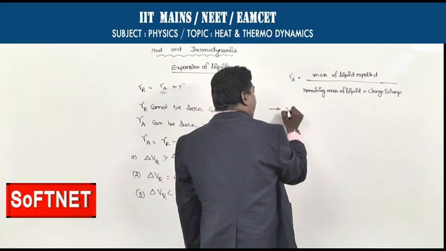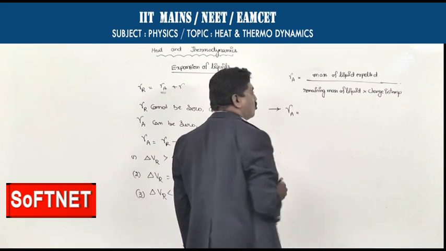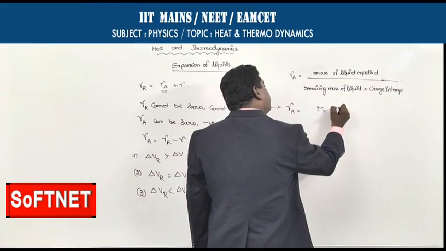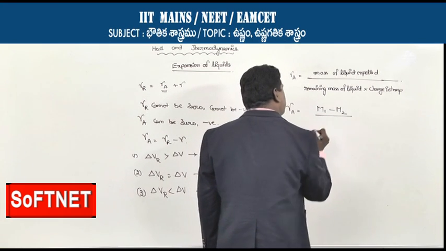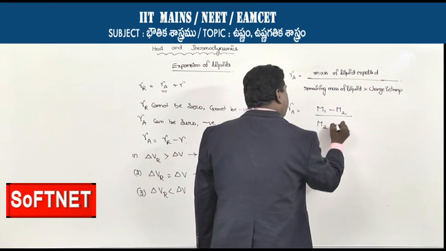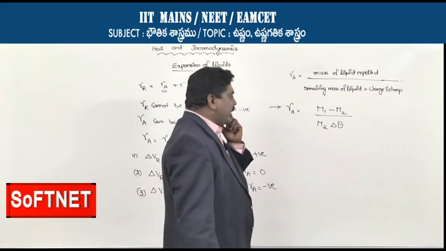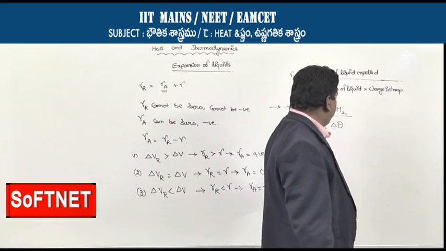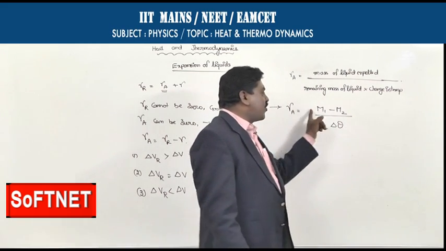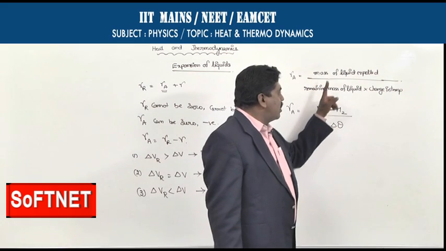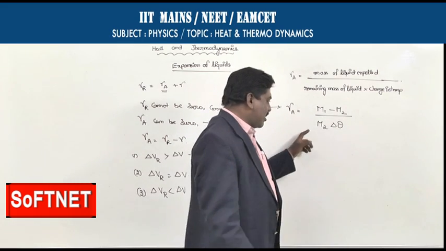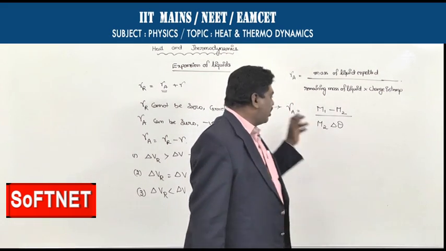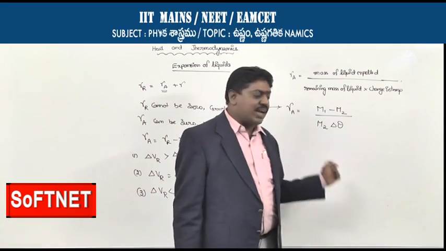This can be given as gamma A equals M1 minus M2 by M2 into delta theta, where M1 is the initial amount of liquid and M2 is the remaining amount of liquid. When we subtract M2 from M1, we get the mass of liquid expelled, and M2 is the remaining mass of liquid, so we can find the value of gamma A.